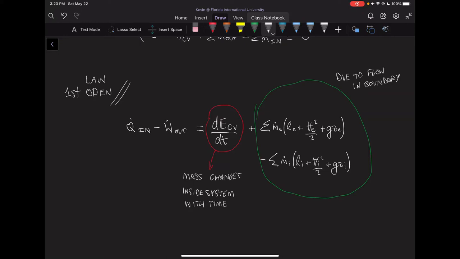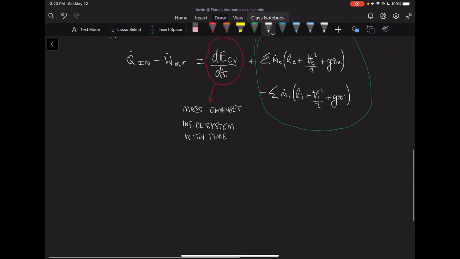If we have a transient process, or we're told we have added or removed mass from a system, we immediately know we do not have a steady flow or steady state system, but a transient system. And this dE control volume over dt can be written as the change with time of the energy inside the control volume.